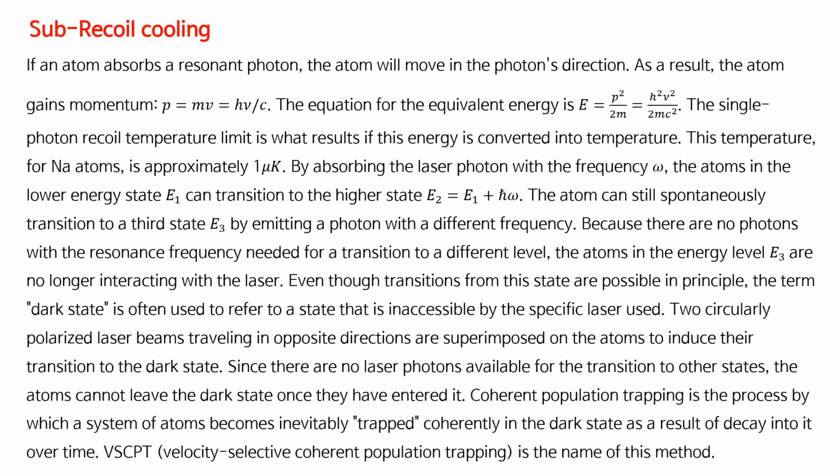Now let's see the subrecoil cooling. If an atom absorbs a resonant photon, the atom will move in the photon's direction. We already discussed this one. As a result, the atom gains momentum, this momentum.